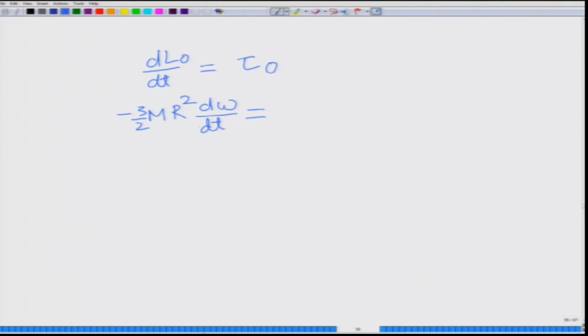And tau naught we have already calculated, r times W, where W is mass times g sin theta.